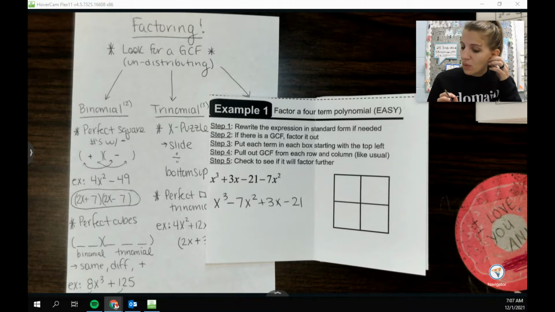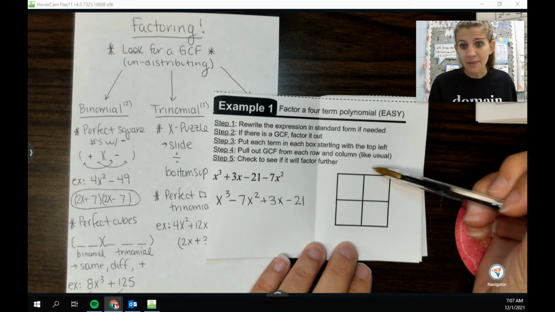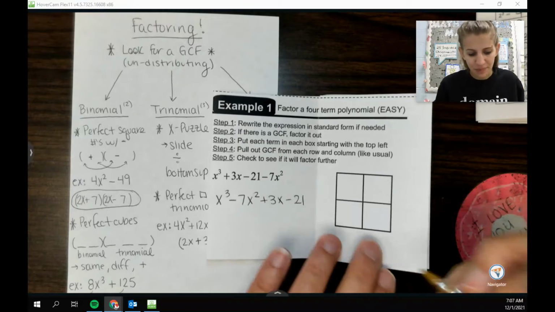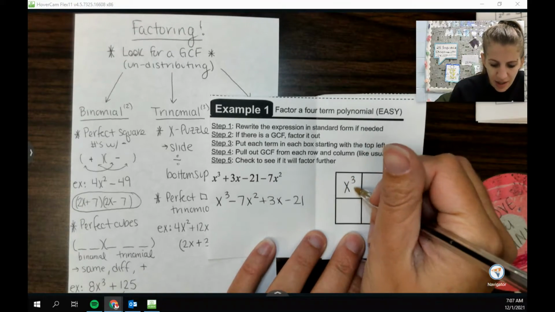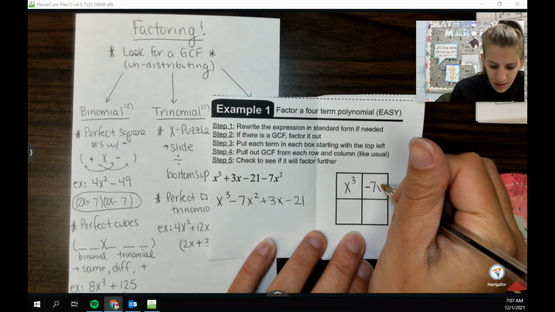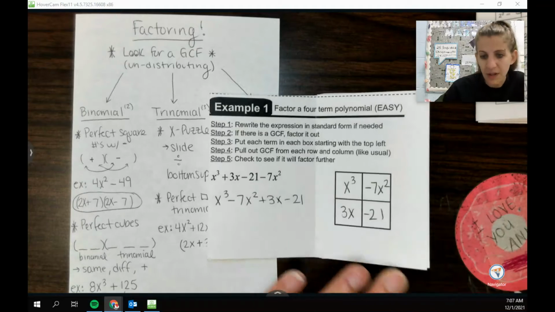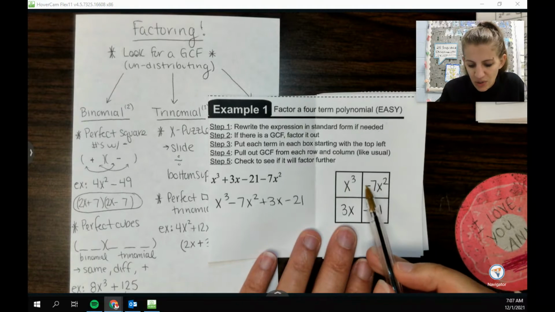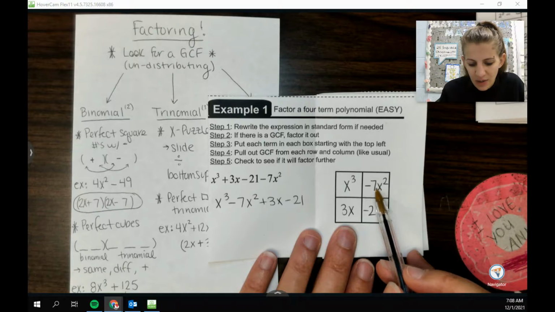So the way you can do it with a box is instead of putting the numbers on the outside, like we normally would, these are the numbers that were on the inside. So starting in the top left, we're going to do x to the 3rd, and then we're going to move over and then come down and fill in each square. And then you just sort of undistribute each square. So looking at these 2, I notice that they have an x squared in common.